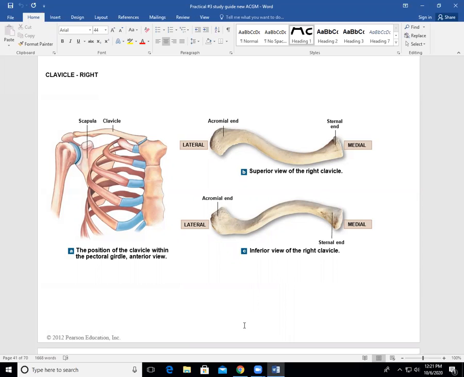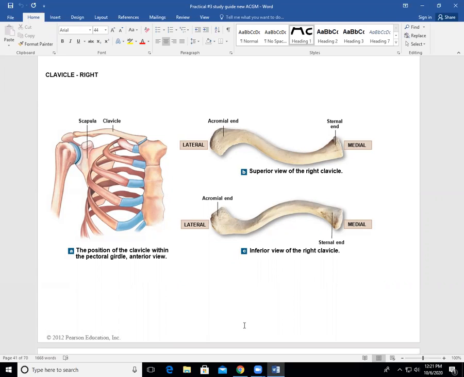Kind of an S-shape to it. On the lateral end, you've got an acromial end, which touches the acromion of the scapula, and the end that is medial touches the sternum, so it's the sternal end.